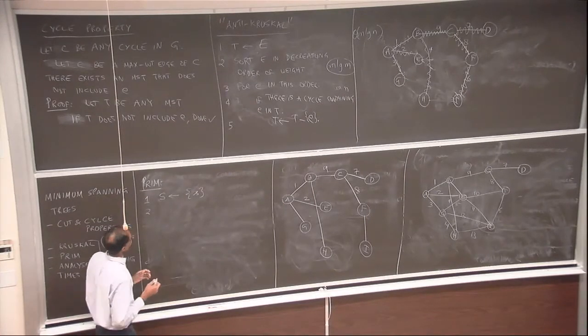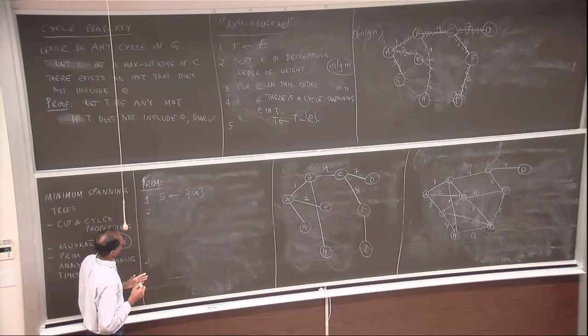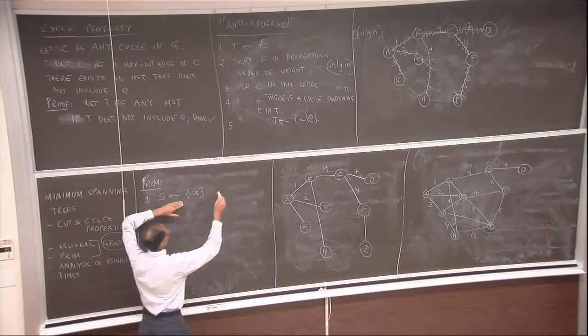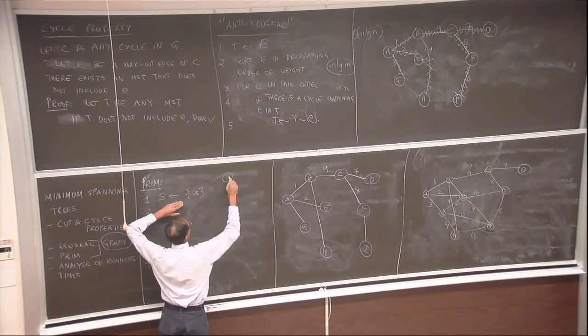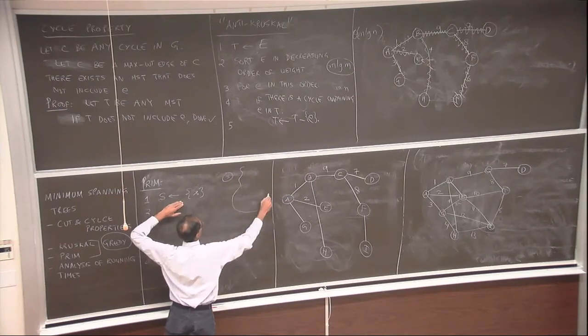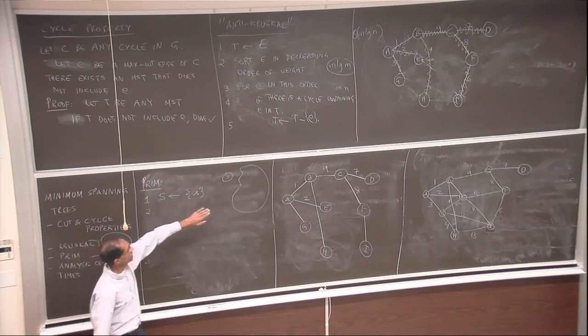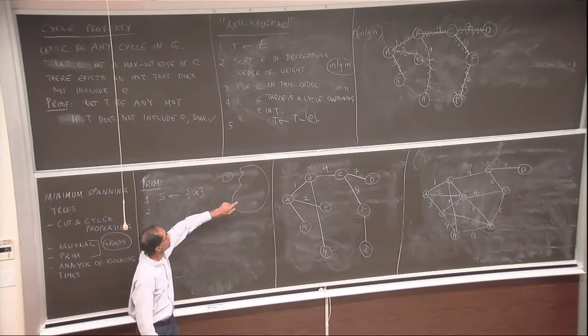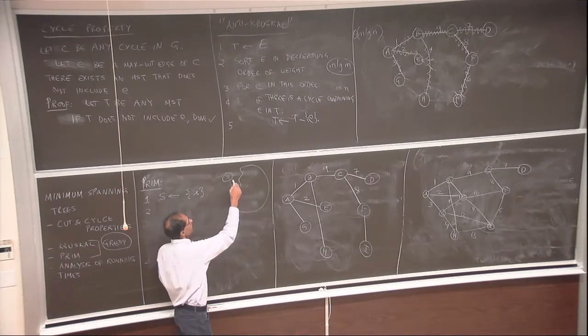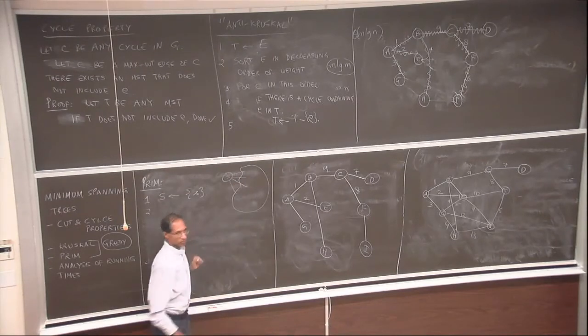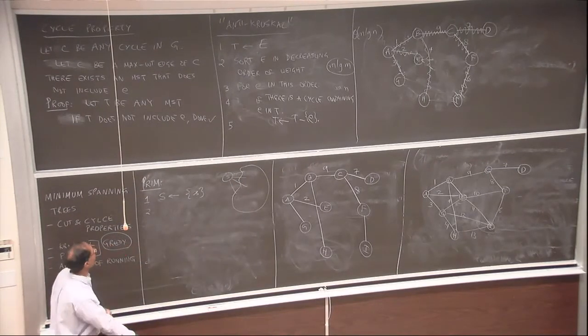So initially, if S is on one side and everybody else is on the other side, this is the vertex, little s, on this side, everybody else is on the other side. The only edges crossing the cut are the edges from S. Okay?